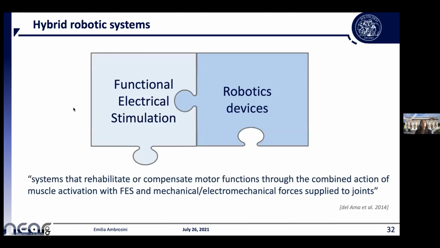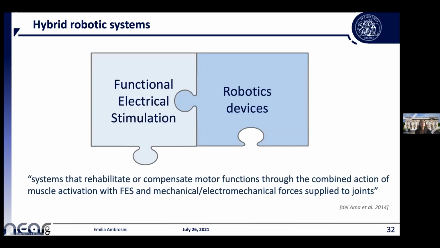When functional electrical stimulation and robotic devices are combined, we call these two combined technologies hybrid robotic systems, which are systems that rehabilitate or compensate motor function through the combined action of muscle activation with FES and mechanical and electromechanical forces supplied to joints.